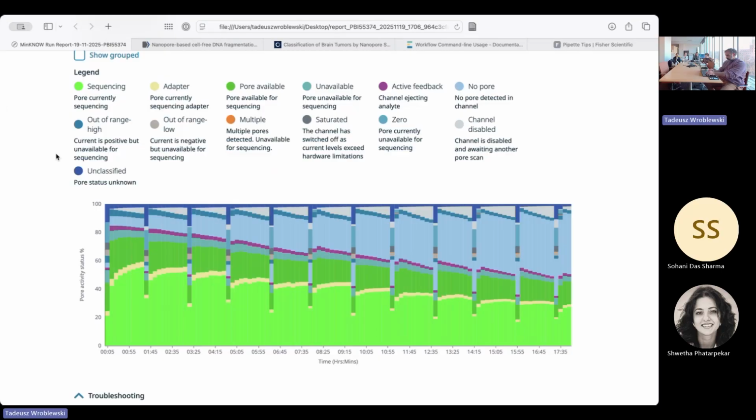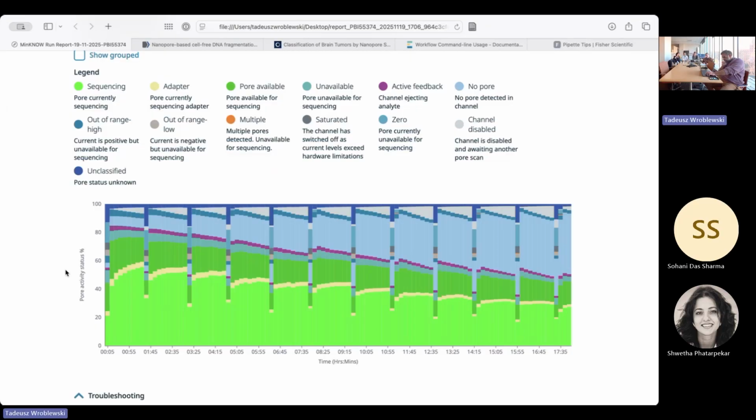So it's fine. What is this every hour downshift? It's where we see a decrease in sequencing occurring here. Yes, every 1.5 hours, or 1 hour, there is a mux scan happening. The Mino is checking which pores are active and which should be the reserved pore.